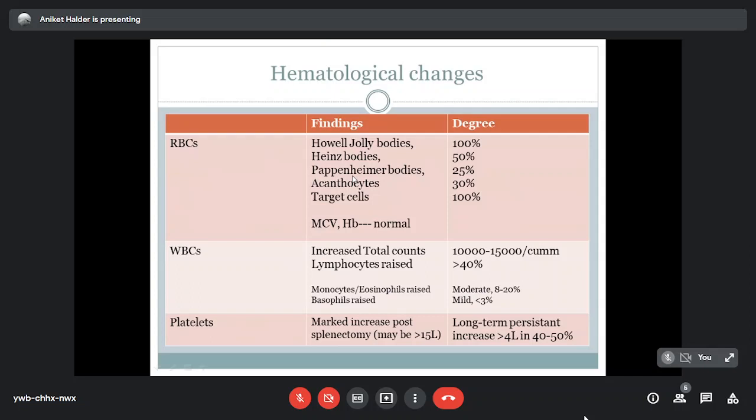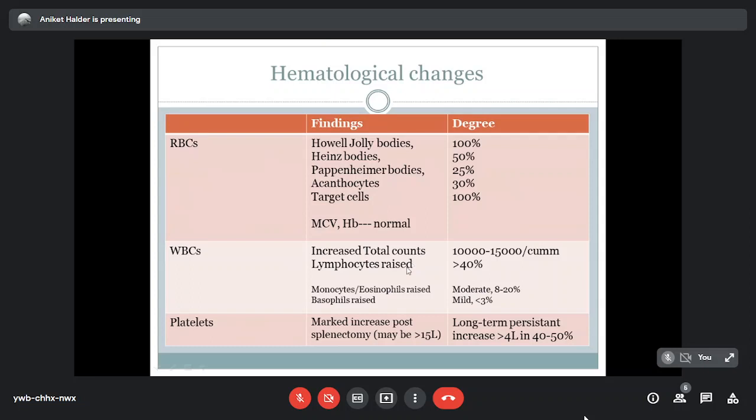The MCV and hemoglobin are usually normal. For WBCs, there will be increased total counts in splenectomized patients. The counts may be increased up to 10 to 15,000, and in patients with milder forms of hyposplenism, the counts may even be normal. Lymphocytes are usually raised, with a differential count of more than 40%.